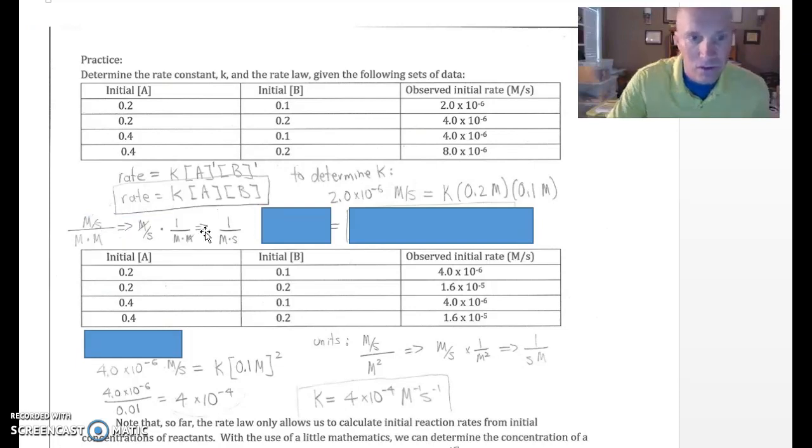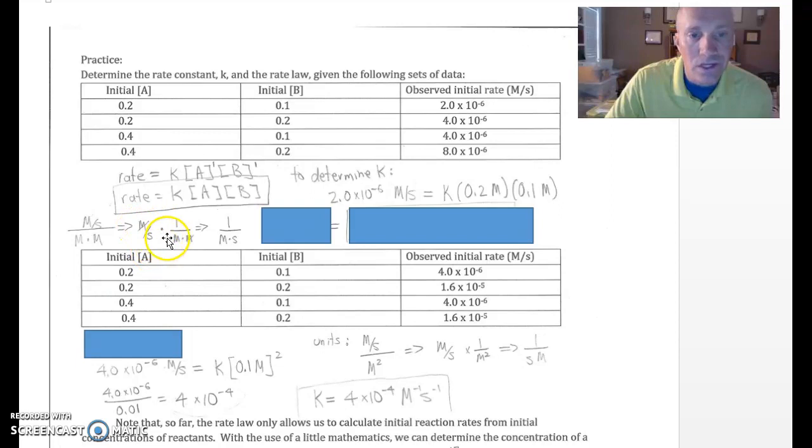So again, we're going to have this part right here. That's the numerator. And then you've got the molars, and I just wrote it as a molar times a molar instead of molar squared. Again, keep, change, flip. Keep the numerator, and flip the denominator. That's the reciprocal of that.